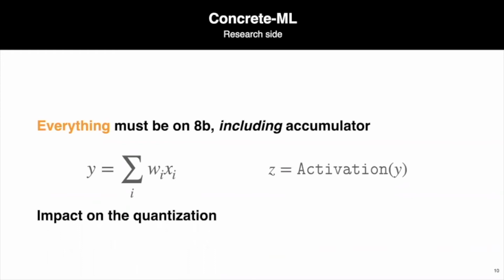So for example, we are going to take weights which are on 2 or 3 bits, and same thing for the x_i. And still, it's complicated to deal with if ever you have a lot of neurons. So if the sum is on a lot of i's, it's complicated. So what we need to do is to also do a lot of pruning, which is, most of our weights are going to be zeros, such that we can be certain that the y is only on 8 bits.